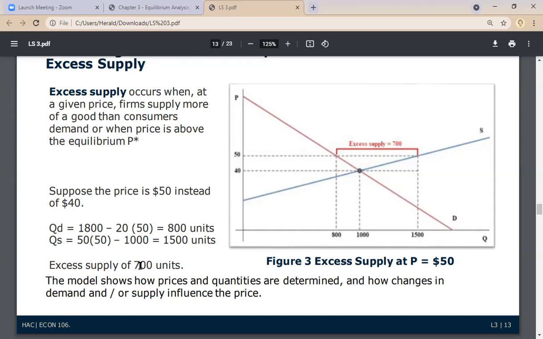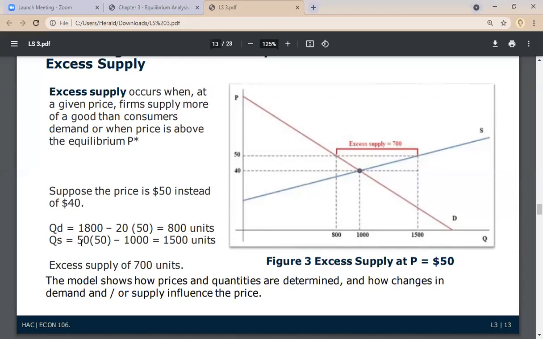In this case, we tried to get the values for this one. To get the values when we are in excess, we just substitute the price of 50 into either of the functions. This is already the distinction where we're treating price here as the independent variable and quantity as the dependent variable.